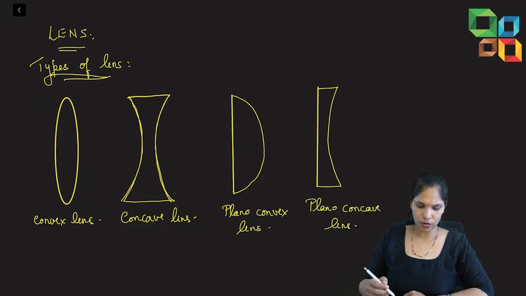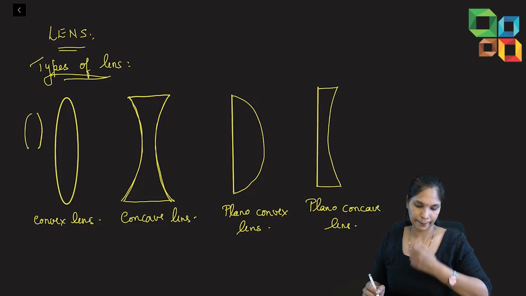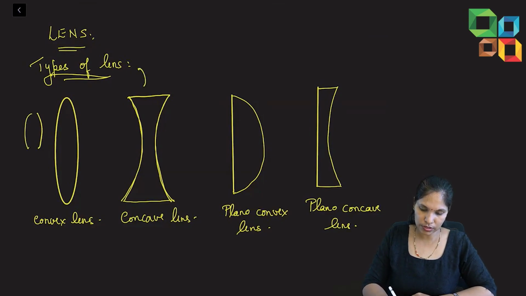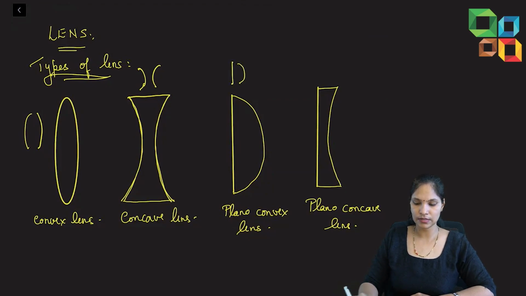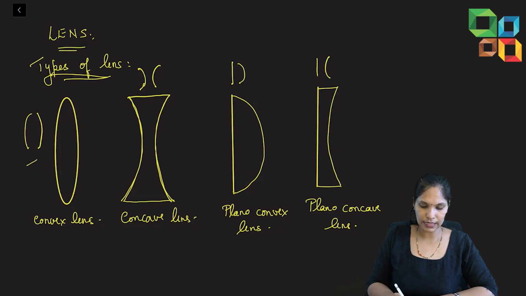If you observe all these lenses, everywhere there are two surfaces. If you see this, two surfaces like this join. If you see this, two surfaces which are like this, they are combined. If you see this, one plane surface, one curved surface, they join. In this one, one plane surface, one curved surface, combined. So in all the cases you have two surfaces. But if you see the first and the second one, both the surfaces are curved.